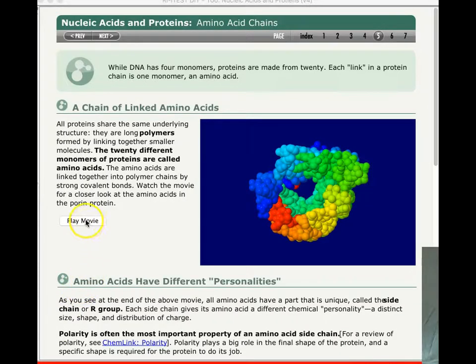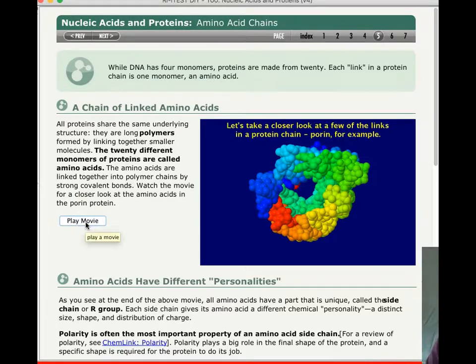So hopefully we're starting to understand that DNA is made of nucleotides, proteins are made of amino acids, and there are 20 different kinds of amino acids. Here's a better representation, because this one has more different kinds of beads as well.